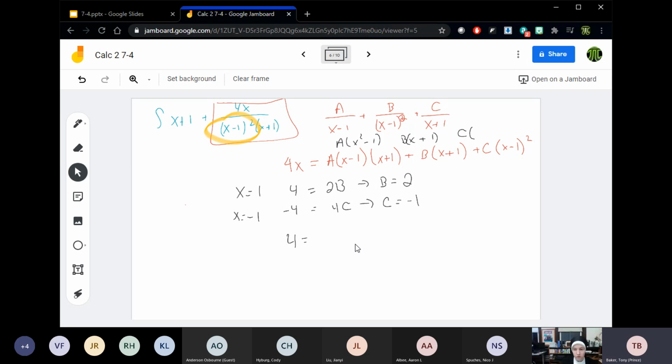And c times x squared minus 2x plus 1. So if you notice, the a isn't on the x at all, right? There's no x term in for the a.